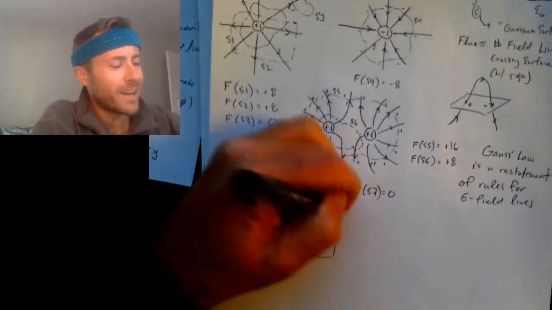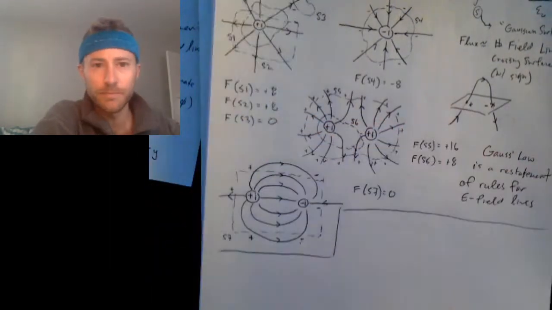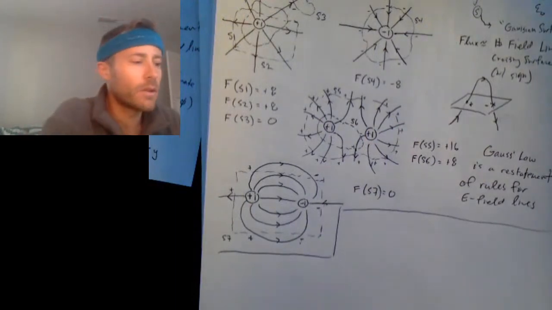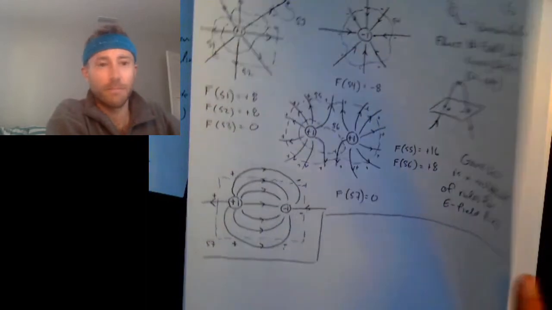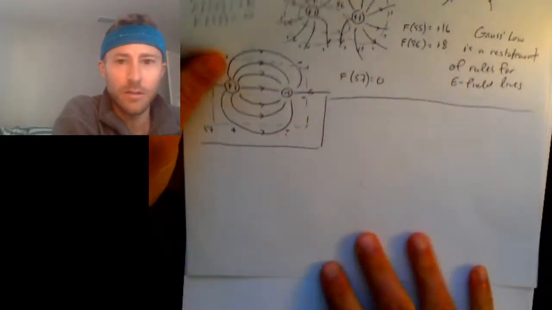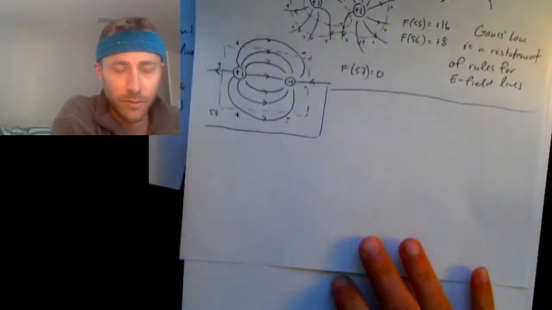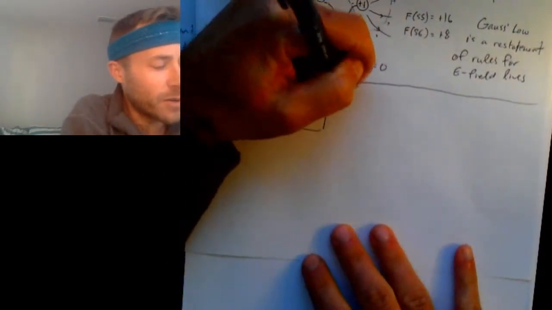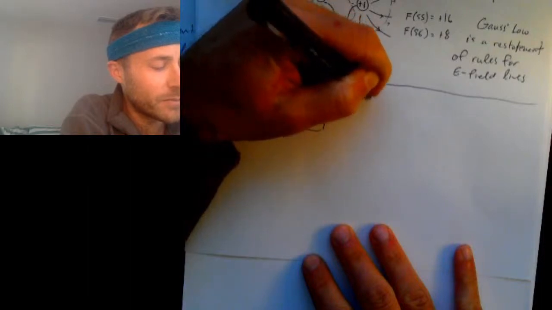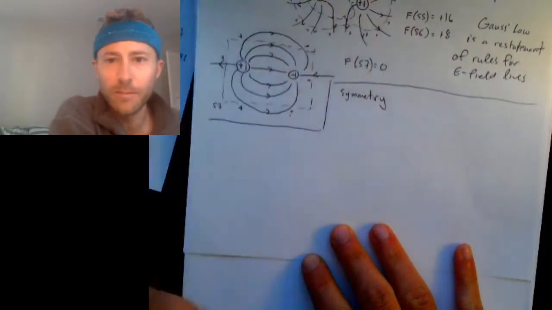So we can actually use Gauss's law plus symmetry to calculate the value of the electric field. Okay, so I want to take a moment to talk about different types of symmetry that we encounter.